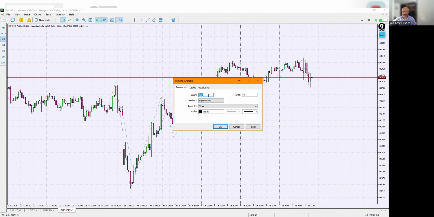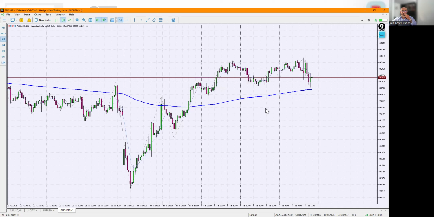For instance, periods. The higher the number of periods, the more data the EMA is covering, right? So let's say, for example, 200 periods, and let's set it in blue. Let's see how it is going to be shown on the screen. Look at this, okay? So this is my first EMA.